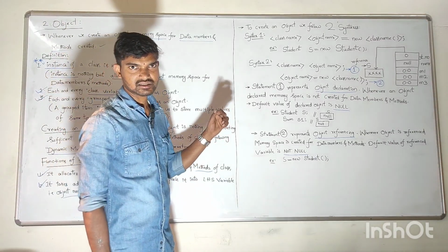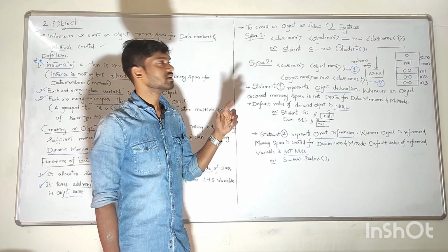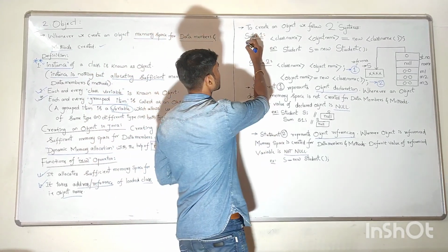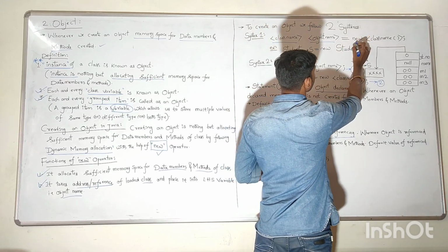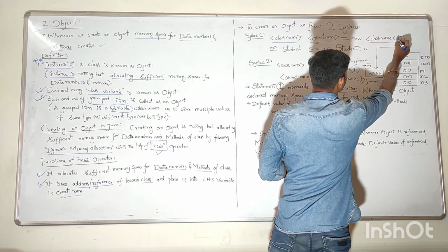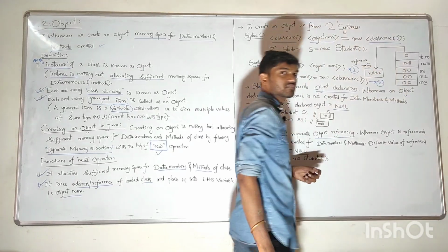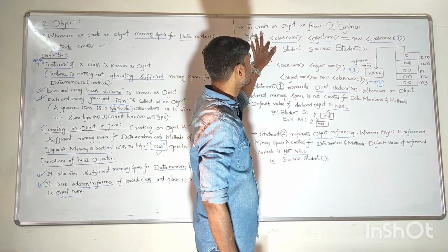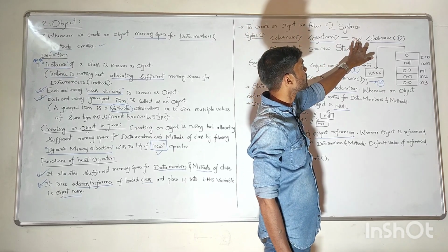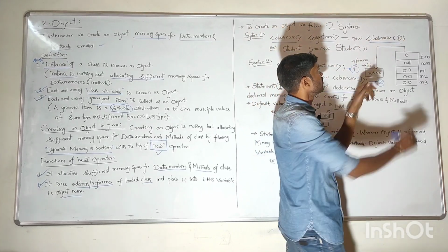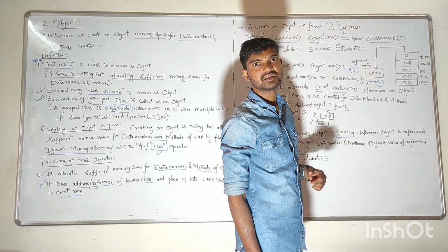And how many syntaxes are there? Basically, to create an object there are two syntaxes. The first syntax is: class name, object name, equal to, new operator, class name, open bracket, closing bracket, and at the end you place a semicolon.